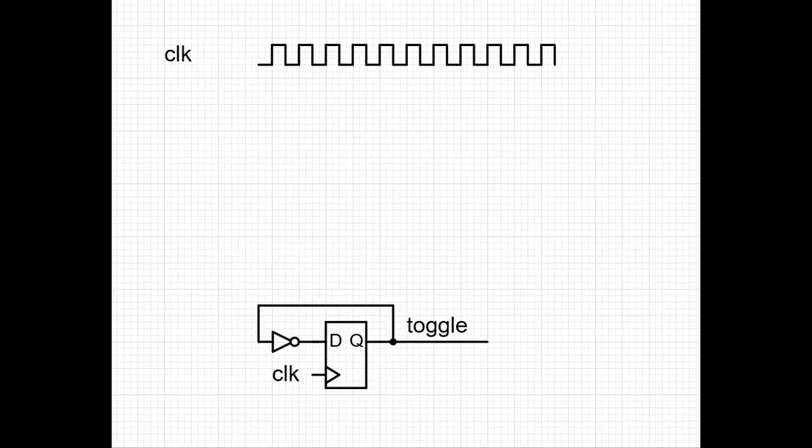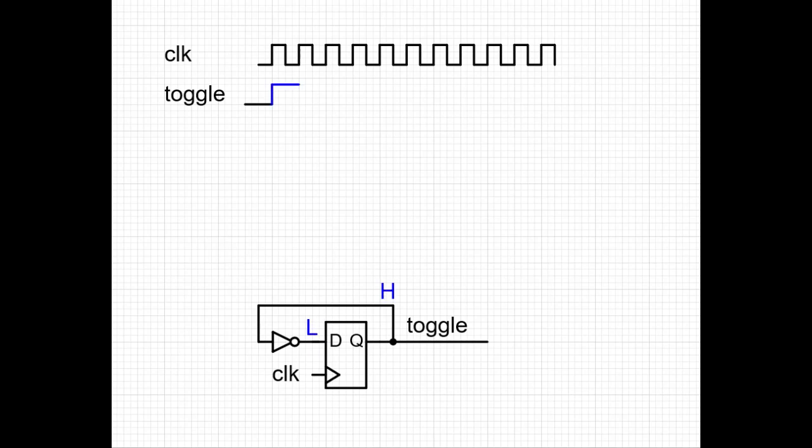Next, we'll look at a very simple arrangement using a D flip-flop where we feed the output back to the input but inverted. Let's see what the flop's output looks like. We'll begin with the output toggle low, which means that the input is high.